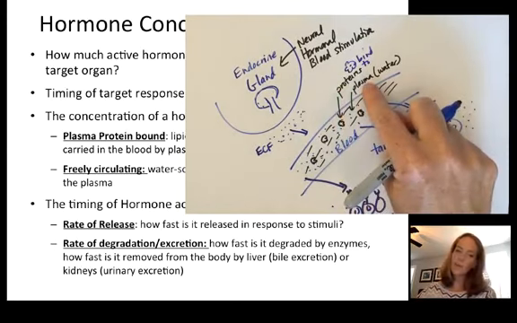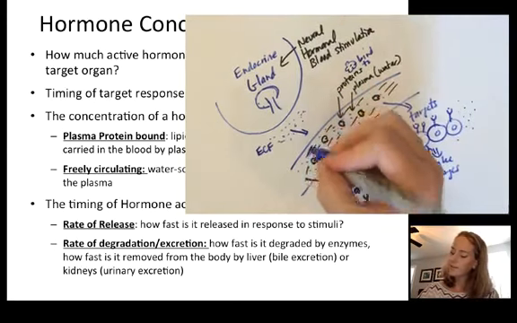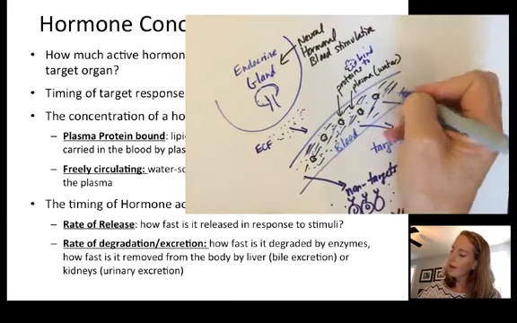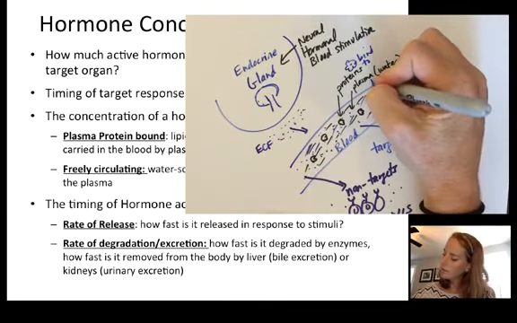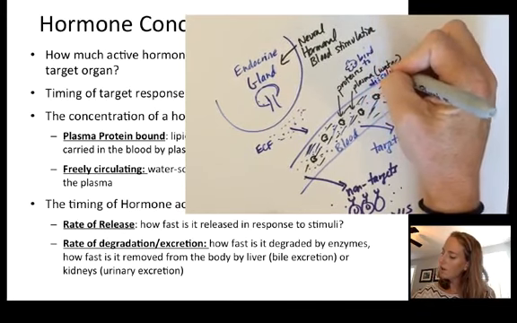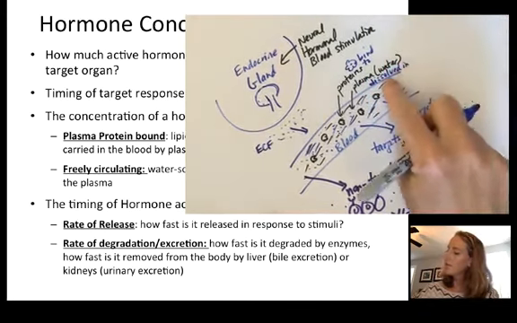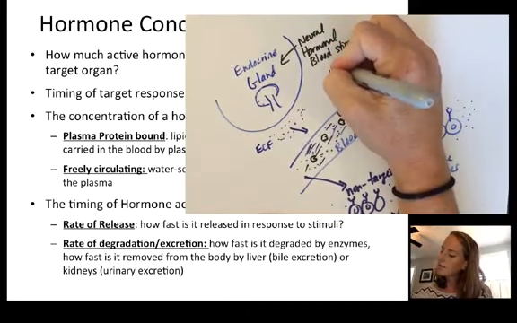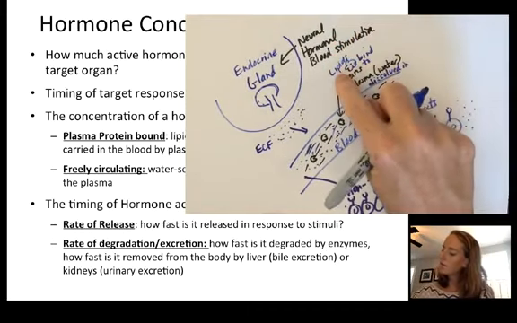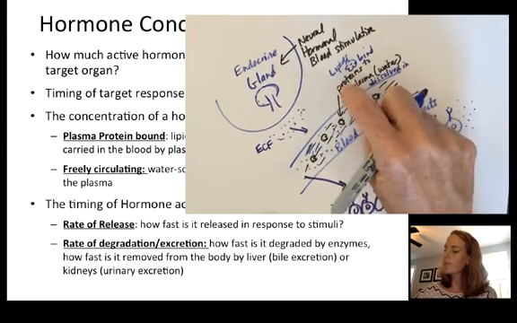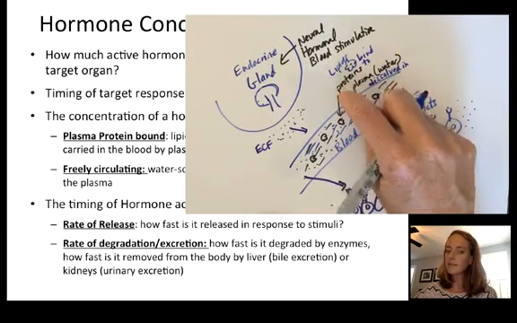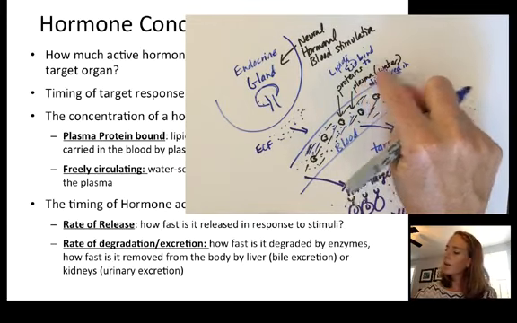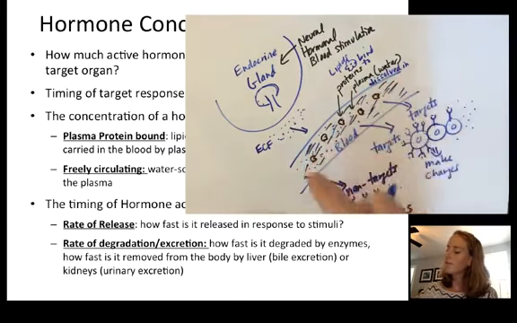A water-soluble hormone we consider to be freely circulating because it can just float around and be dissolved in the plasma. So lipid soluble hormones have to be bound to proteins in the blood. Water soluble can dissolve freely in the plasma.